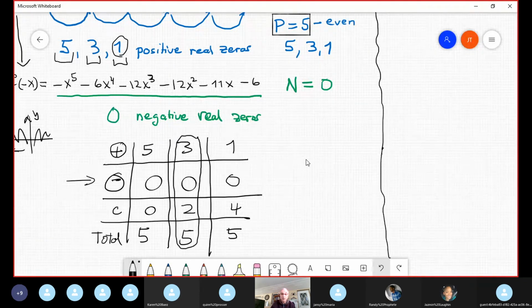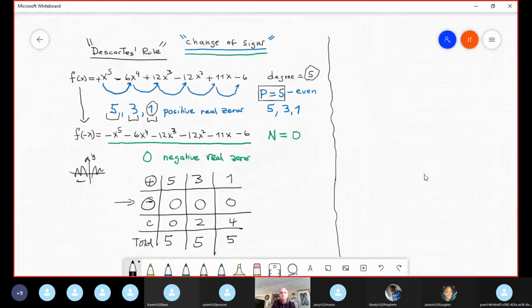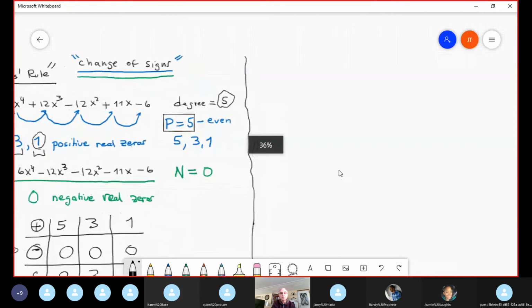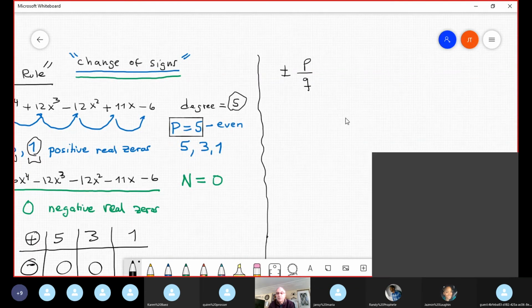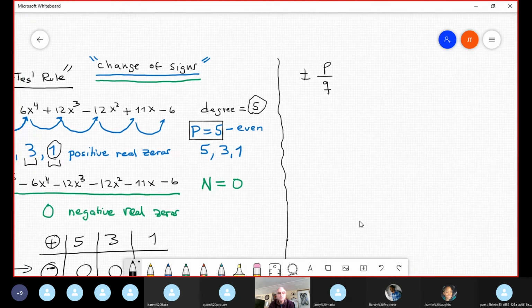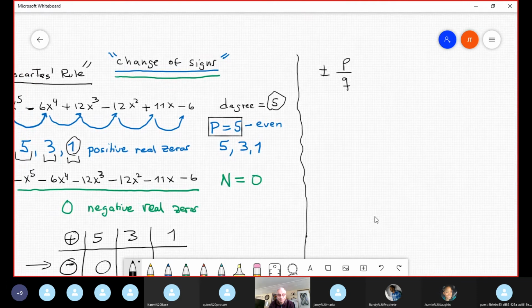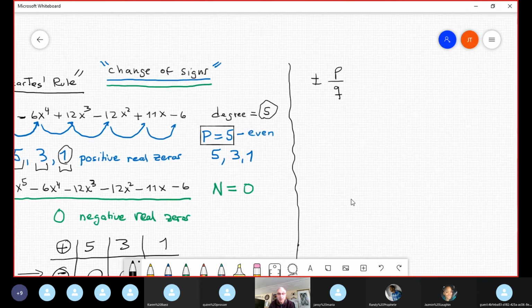Okay, then I come back to the rational potential zeros. Que the formula is plus or minus P divided by Q. Go ahead. A ver. Unbelievable. Okay. Entonces, P divided by Q is plus or minus 6.